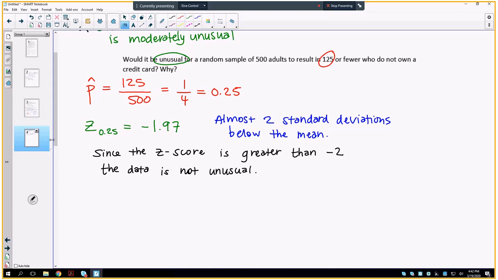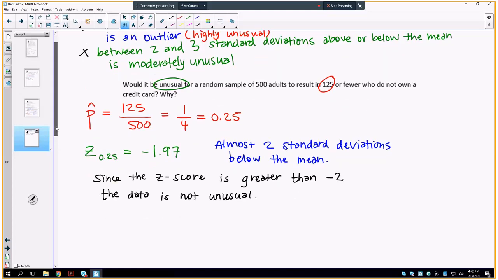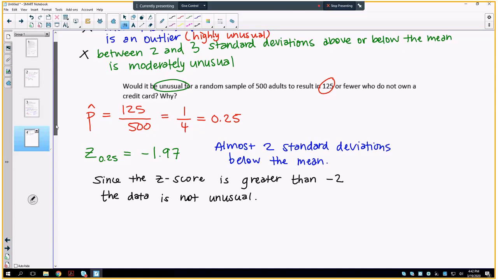So I apologize for any confusion. Being an outlier and being moderately unusual are kind of 2 different categories. And so technically, if we have a data point that's more than 3 standard deviations from the mean, then we definitely say it's unusual. But even if we're between 2 and 3, we would still say moderately unusual, and that's the mistake I made last time. In this case, we're less than 2 standard deviations from the mean, so we are usual.